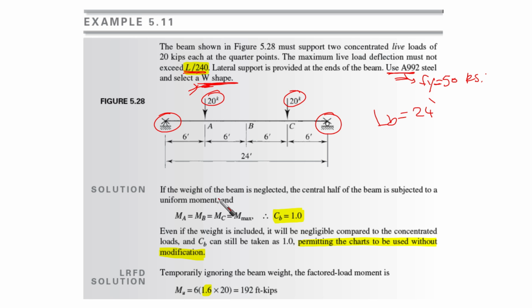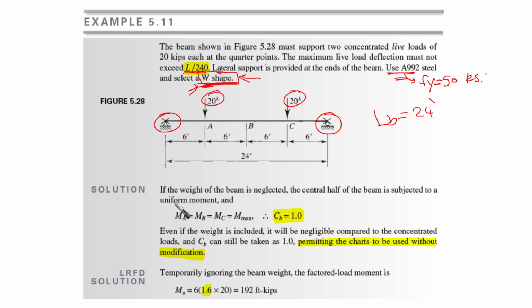Number one, we do not know what the shape is that we are going to use, right? So in this case, as we have explained in the design video, we can neglect the weight of the shape, and then take it into consideration at a later stage.